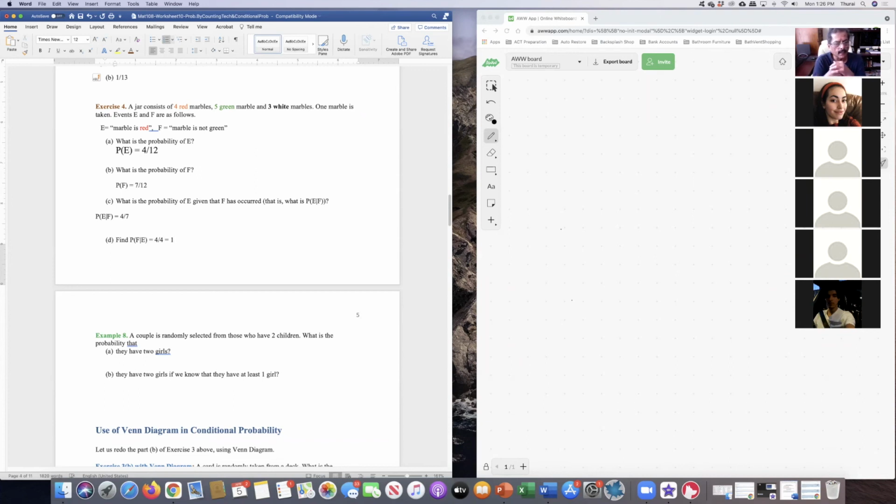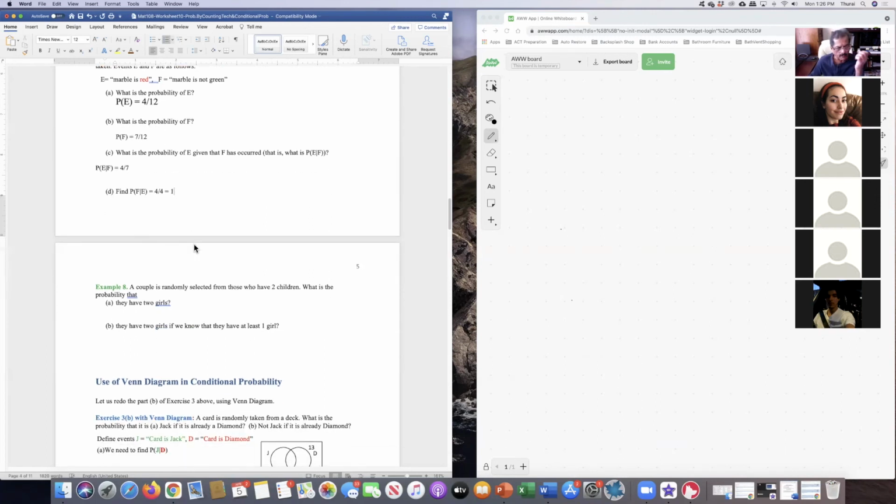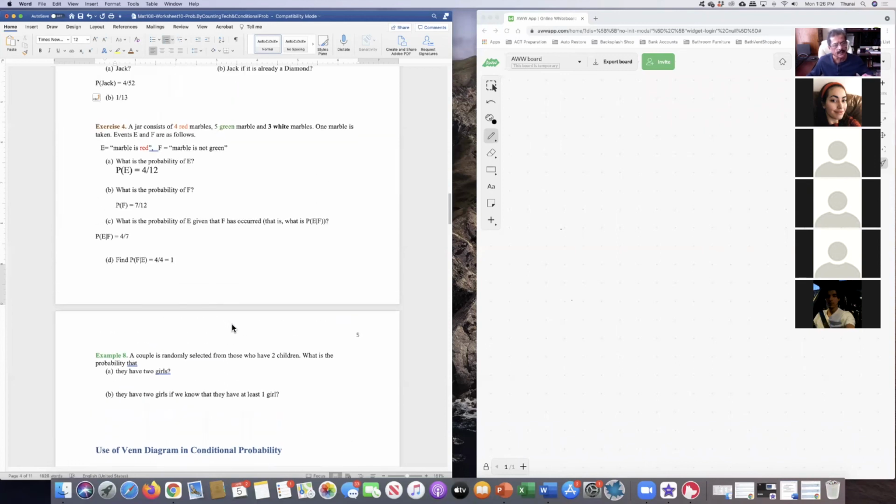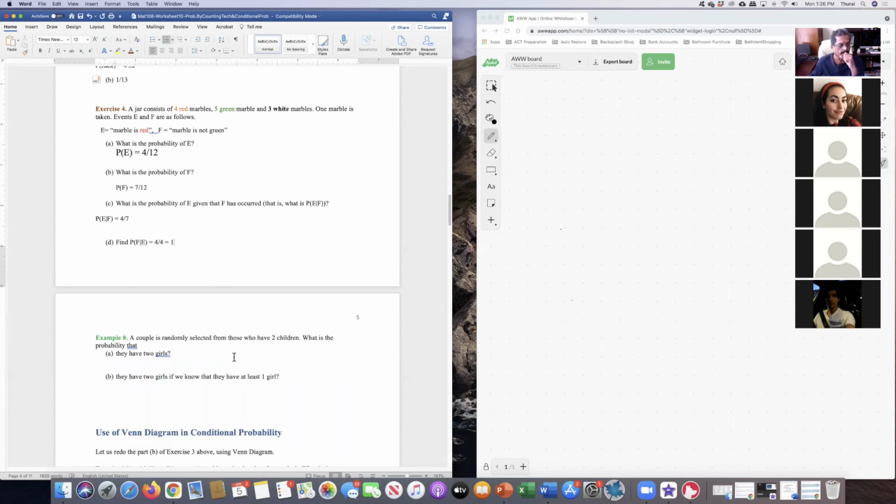Any one of the 4 red marbles will make the event F happen, because if it is red, then it's not green already. So therefore, 4/4. That's one way to look at it. Another way to look at it is if the marble is already red, then it is not green already. So if the event E has occurred, F has occurred too. So that's why the probability is 1.